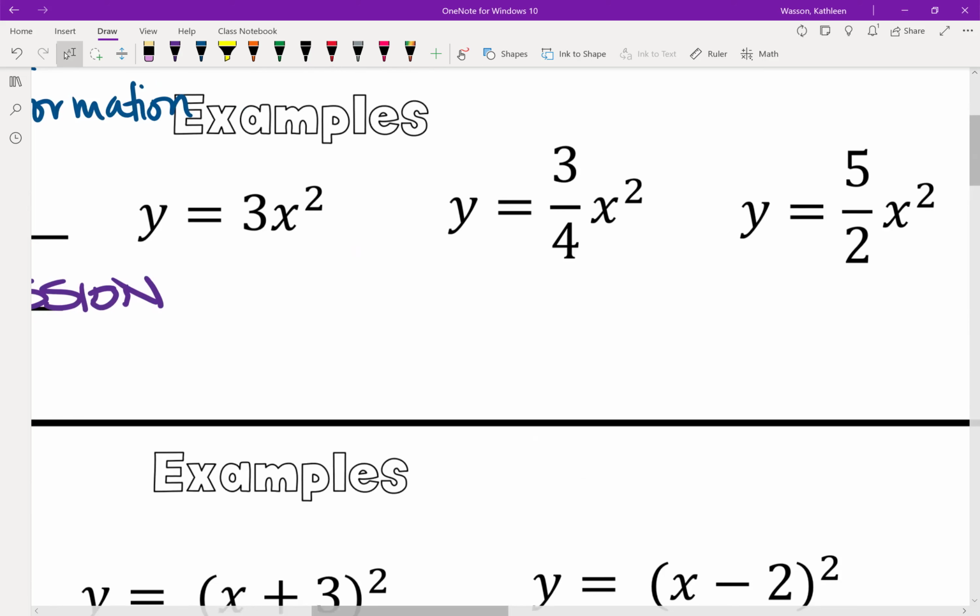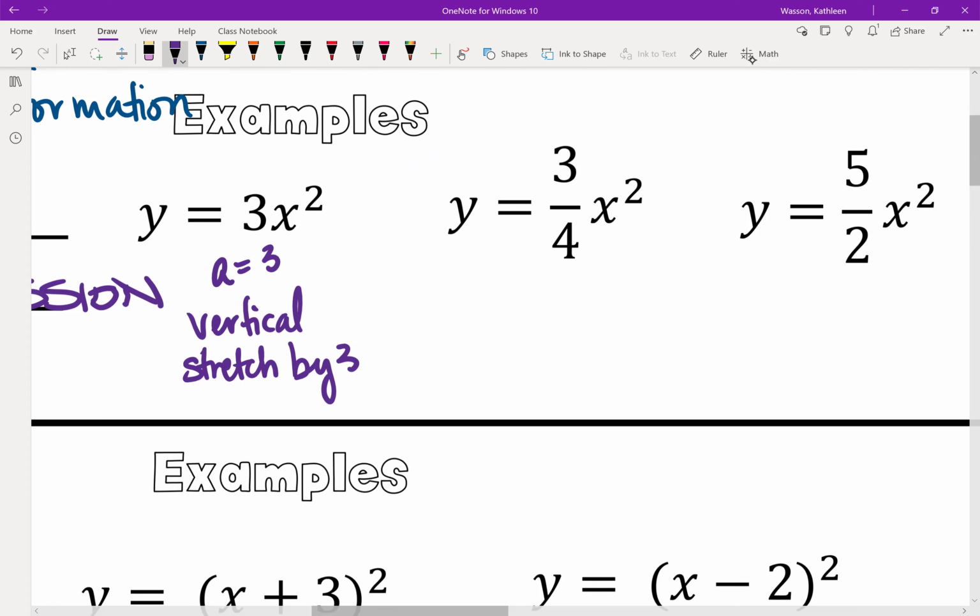Here are my examples. I have one where a is 3. So since 3 is bigger than 1, I would say a is 3. a is the number that's multiplied by the x squared. And I have a vertical stretch by 3.